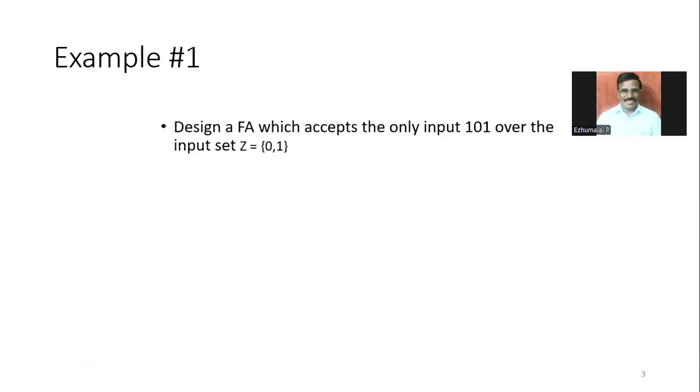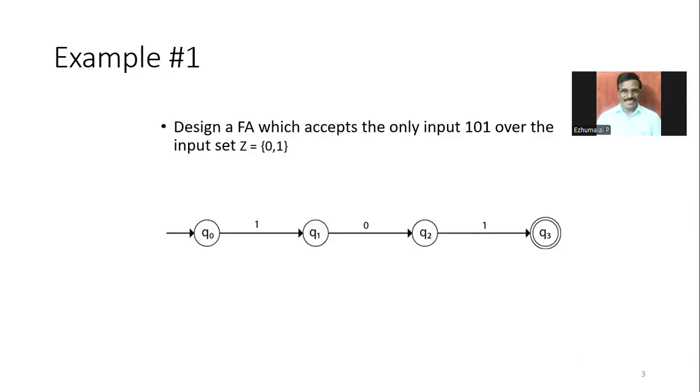Example 1. Design a finite automata which accepts only the input 1, 0, 1 over the input set Σ = {0, 1}. We are going to design the finite automata for accepting the input 1, 0, 1 for the given input set 0, 1. This is the finite automata accepting the input.